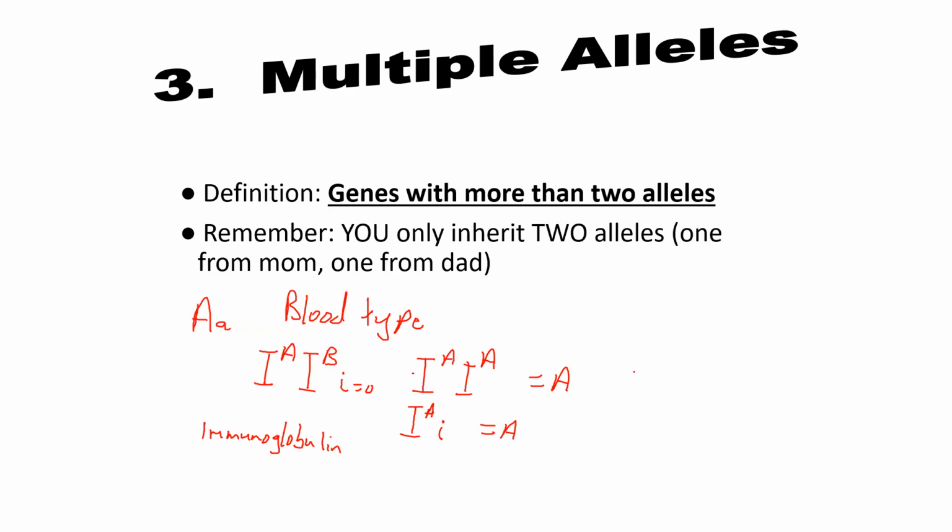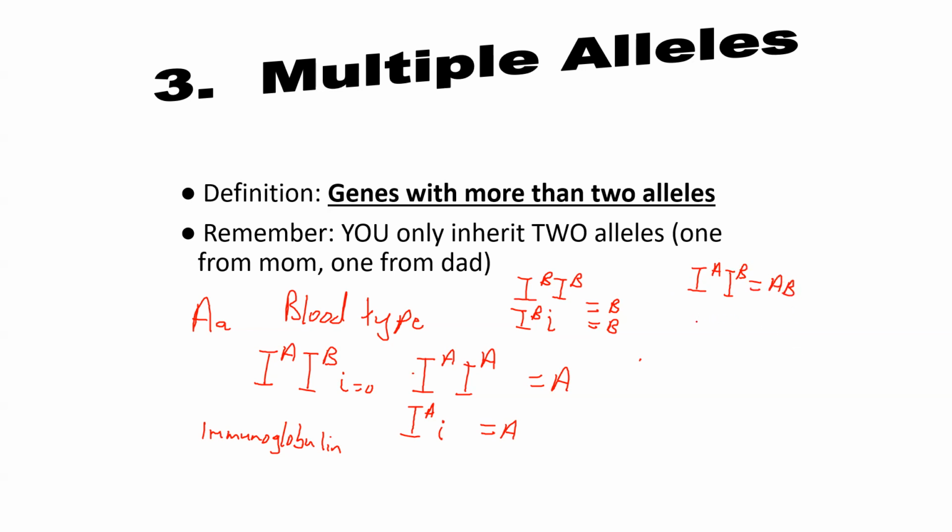And of course, on the other hand, we can have B like this, or, of course, like this, and both of those would be blood type B. But because A and B are codominant, somebody with a blood type like this would have blood type AB.